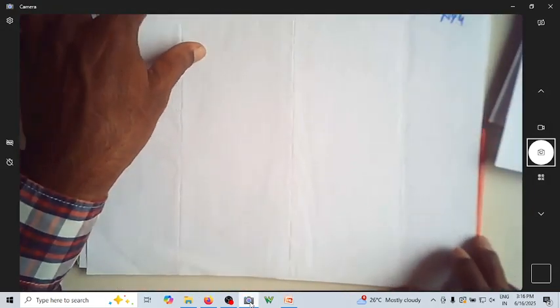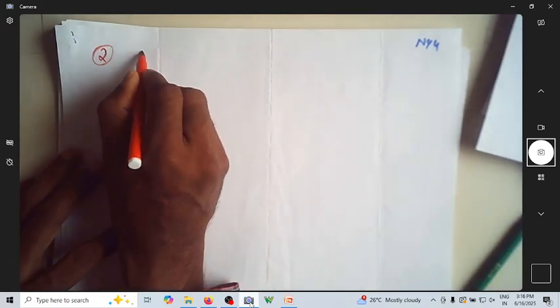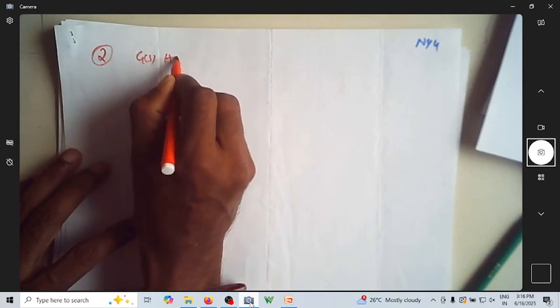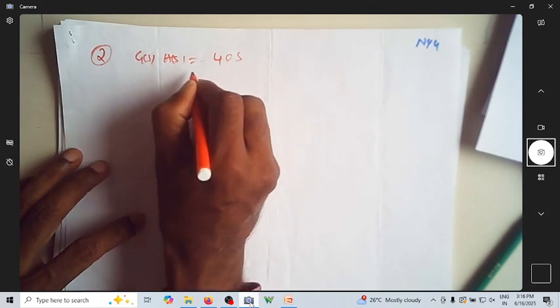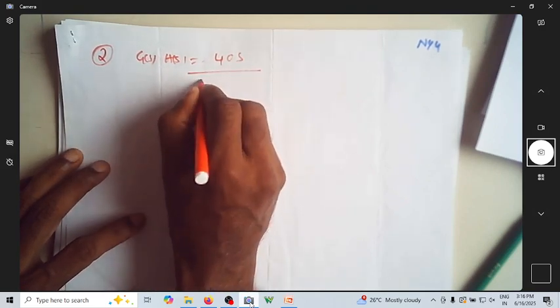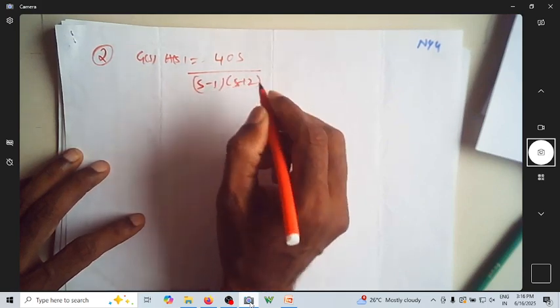Let us move on to one more question. So let us take up the second in the series. Let us take this as G(s) H(s) equal to 40s divided by (s minus 1) into (s plus 2).